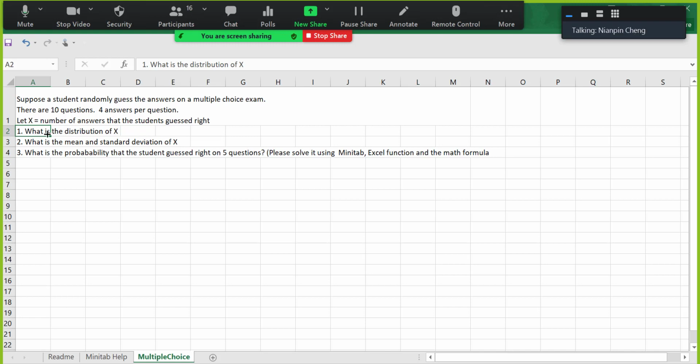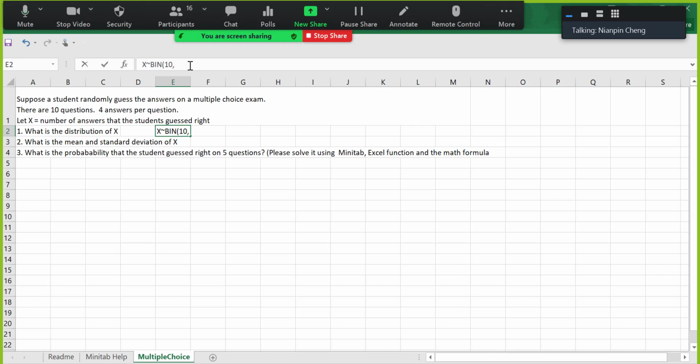And then you need to find out what n is, right? We know there are 2 parameters to define a binomial distribution. So first, what is n? The total number of trials. Here you try 10 times, 10 questions.